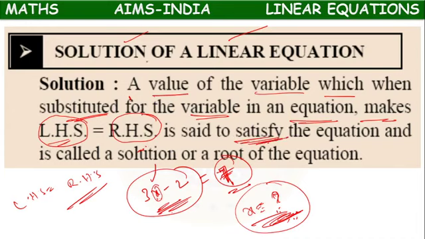That is called solution of linear equation or root of the equation. Or value of the variable which satisfies the given equation. So whenever we have a linear equation, there we have to find the solution of the linear equation. Means we have to find the value of the variable.